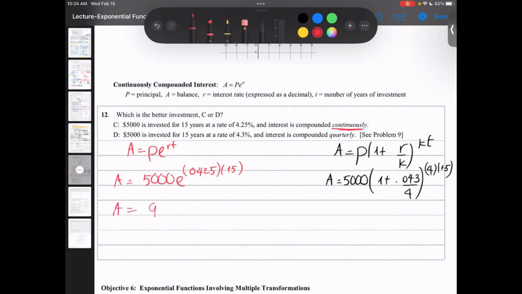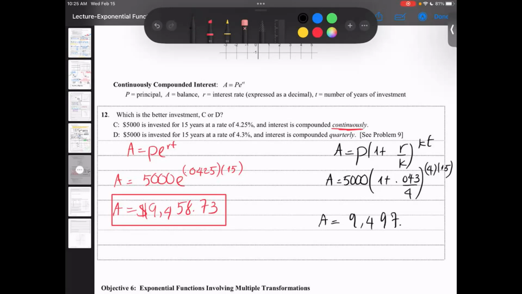The left one, I have $9,458.73. And then for the right one, 5,000 times (1 + 0.043/4) to the power 4 times 15, I get $9,497.19.